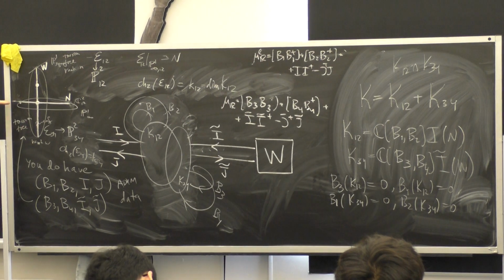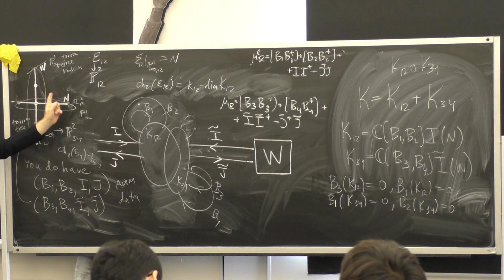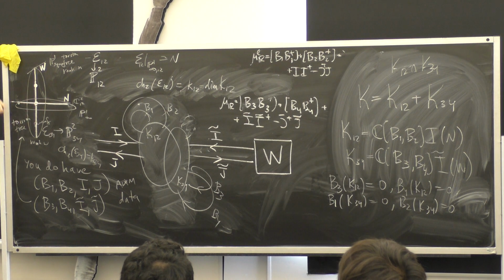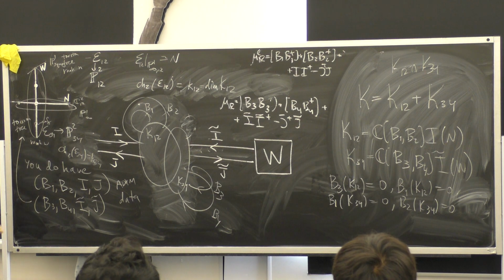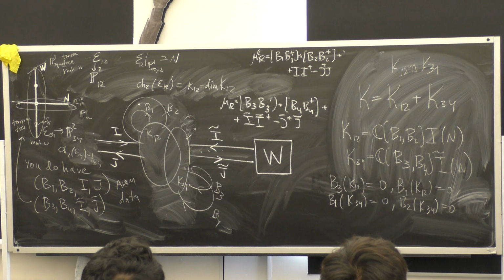When you only look at the ADHM moduli space, the ADHM construction for N or for W, the center of the corresponding framing group acts trivially on the moduli space. But when you cross them together, the anti-diagonal center starts acting non-trivially, and that's the x variable. So that's how we can see it. All right.